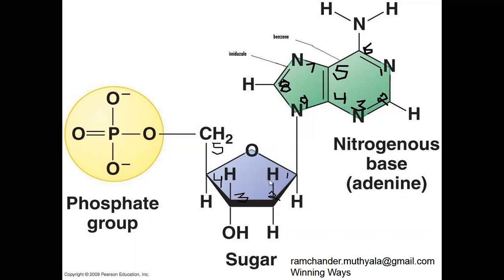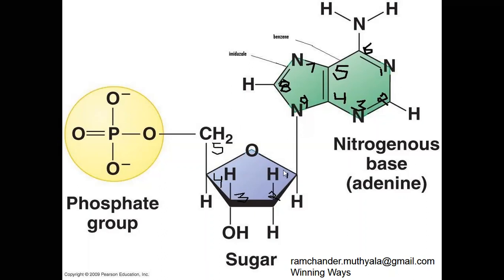If the sugar molecule is connected with purines with the glycosidic bond, it is called the C1N9 glycosidic bond.